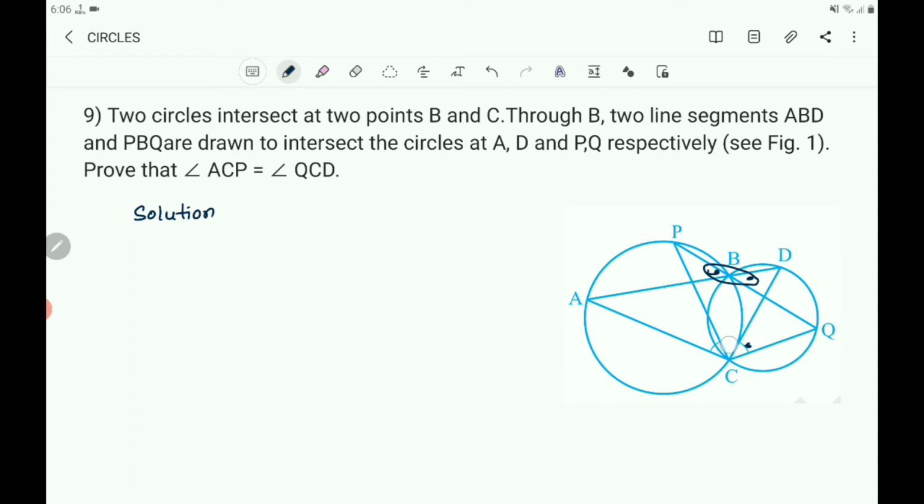And you write what is given in the figure.